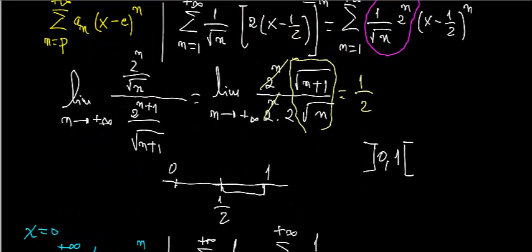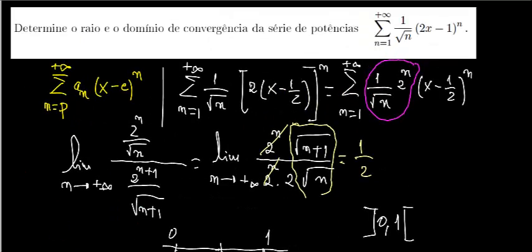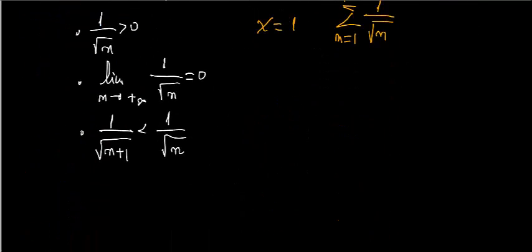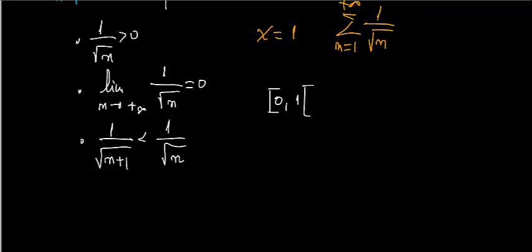So I can say now that the domain of convergence is the interval that I must close at the point x equals 0, and I must open at the point x equals 1. Also, I must say that at the point x equals 0 the series converges, but it is a simple convergence. But in the open interval 0 to 1, the convergence is absolute convergence.